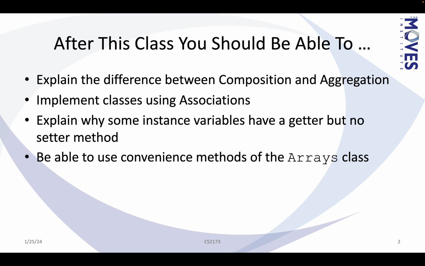I know I'm asking you to be able to explain the difference between composition and aggregation, but it's a bit fuzzy. So I'm not going to hammer on that too much, but just understand that there is sometimes a subtle distinction between them. That's less important than the fact that when we're designing classes, and we'll see an example, I want to work through an example of this at the code level as well.